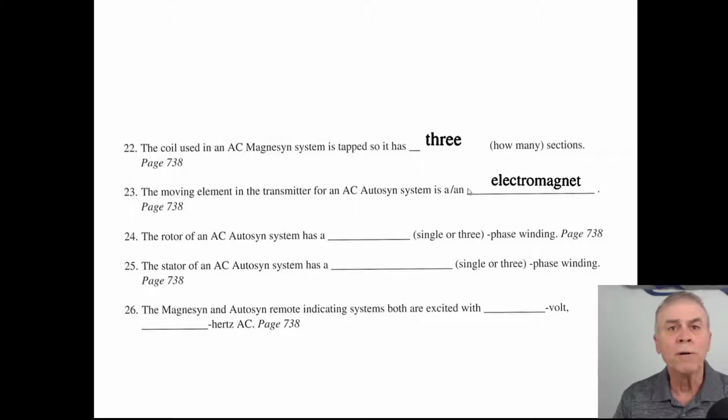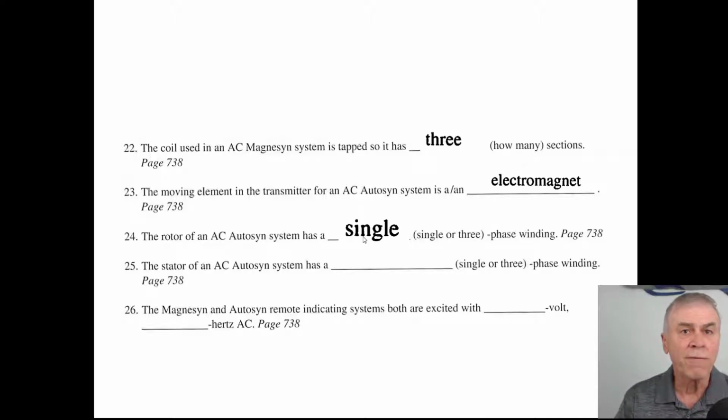The rotor is the electromagnet, and it just has a single winding to turn it into an electromagnet. My bad. I was thinking of the stator, which is the 3 answer in 25. I'm not doing that good on this, but maybe if it was multiple choice, I would have done a little better. No, that was single or 3, so I take that back. It wouldn't have helped. Hopefully, it helped you.